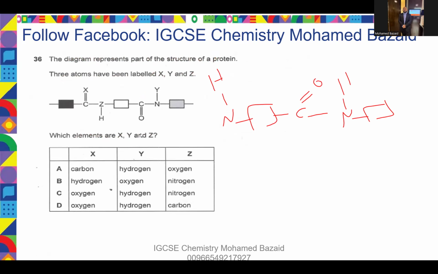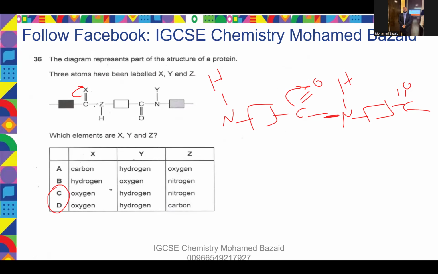Here it has NH, and here I have C double bond O as well. If you check letter C, C is connected with what? What is X? Look, C is connected with oxygen.